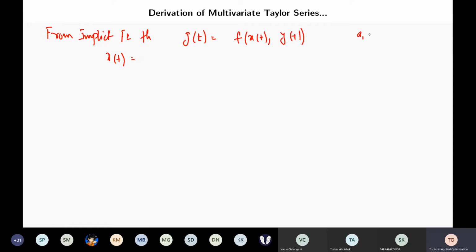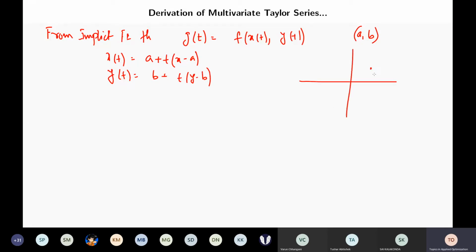Remember, I want to do expansion near a and b. So I can locally parameterize x. So locally x(t) will look like a plus t(x minus a), and y(t) will look like b plus t(y minus b), right? So we have a function like this, and we have (a, b) in R2.